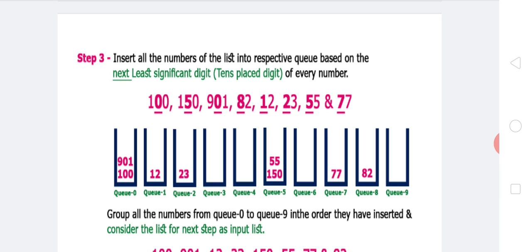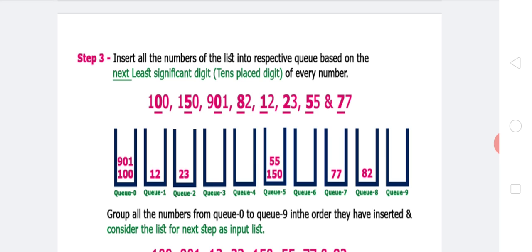Now the second element, 150. The marked number is 5, so 150 is placed in queue number 5. See in the figure. The next element is 901. The marked number is 0, so 901 is placed in Q0 or bucket 0.